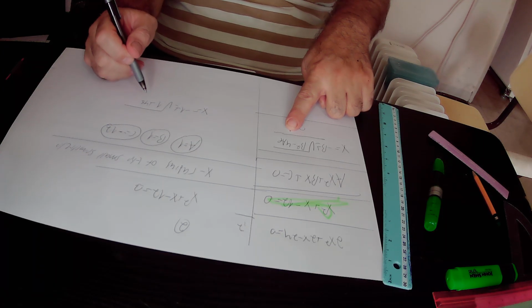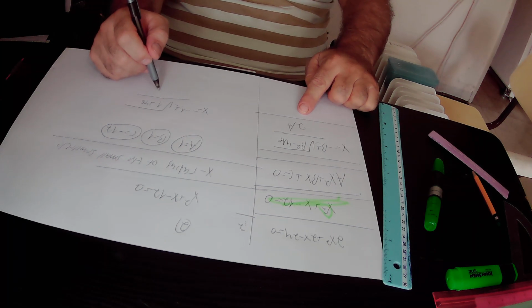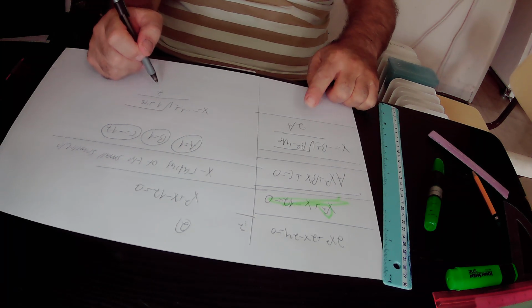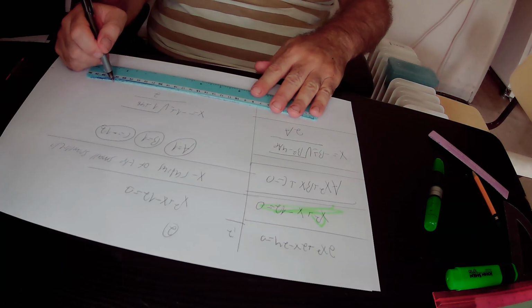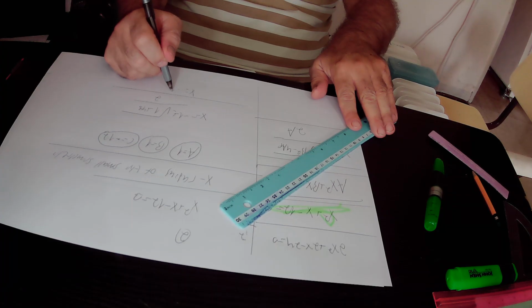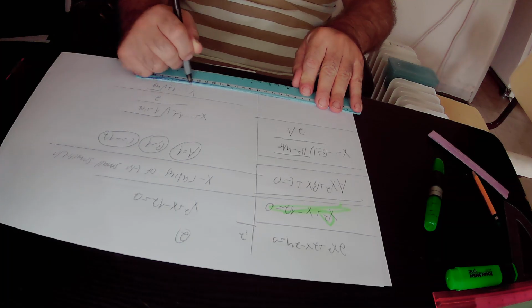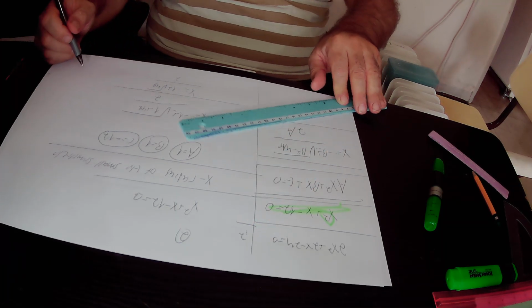So inside the root we have 1 plus 48, over 2a. a is 1, so 2a is 2 times 1, that is 2. So in total we found out that x equals minus 1 plus or minus the square root of 49, over 2.